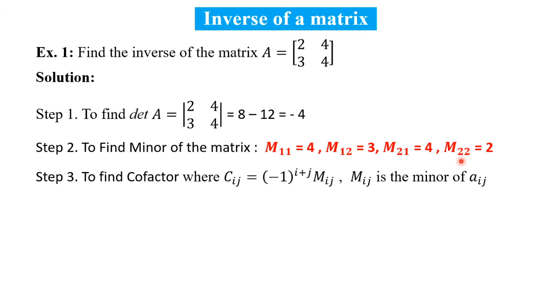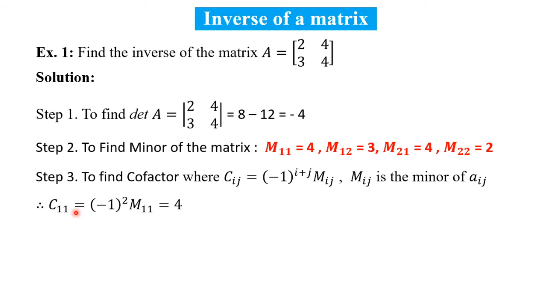Step number 3. To find the cofactor, this is the formula of cofactor. Cij is equal to minus 1 raised to i plus j into Mij, where Mij is the minor of aij. We have to find Mij, that is the minor of the matrix.